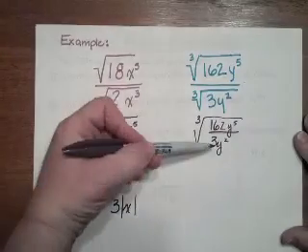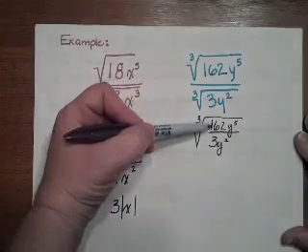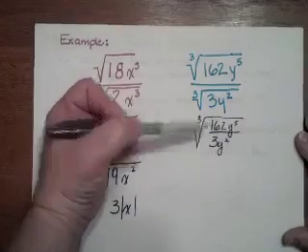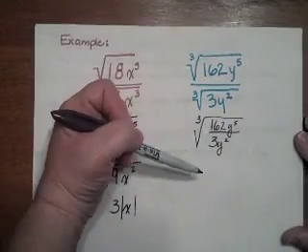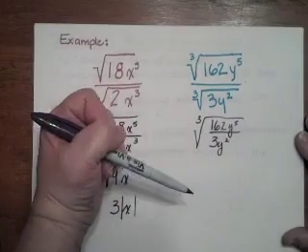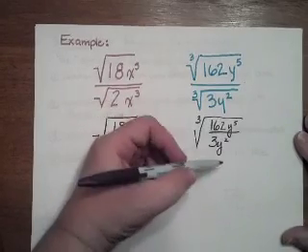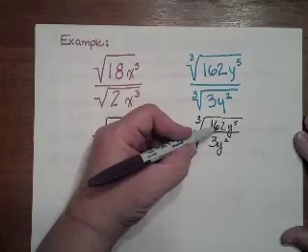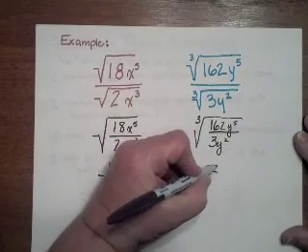Okay, well, 3 goes into 162. How do I know that? Because if I add the digits of 162, I get 9. 1 plus 6 plus 2 equals 9. And 9 is divisible by 3. So I know that 162 is divisible by 3. So 3 goes into that 54 times.